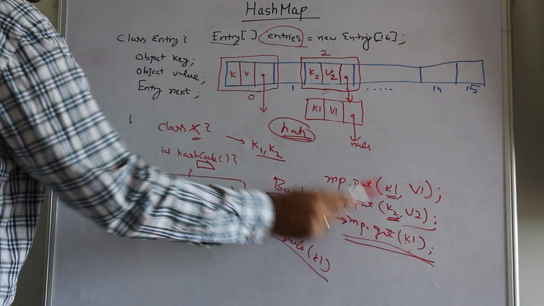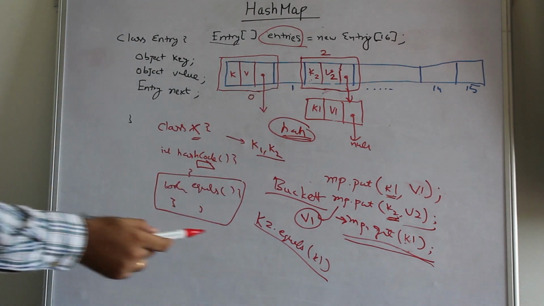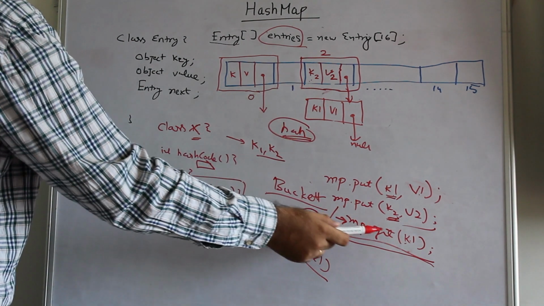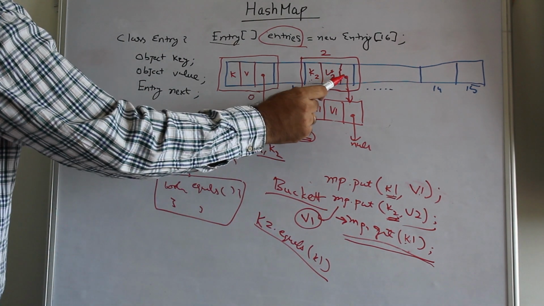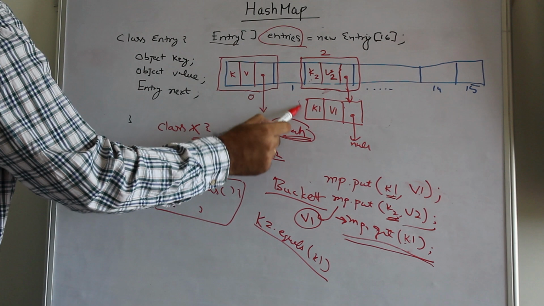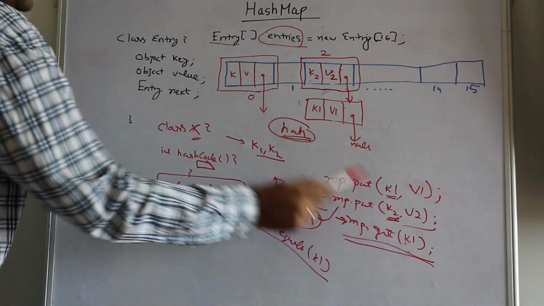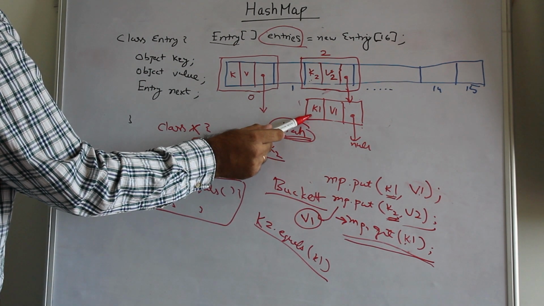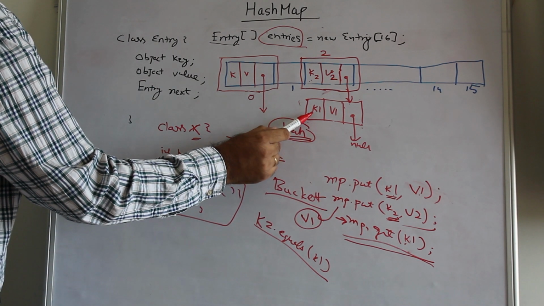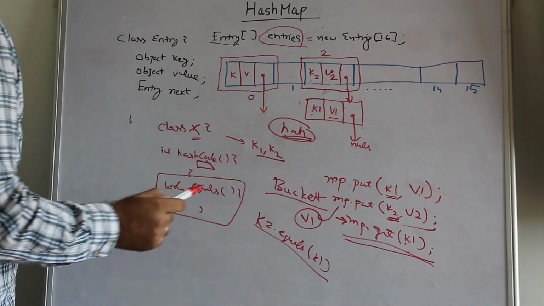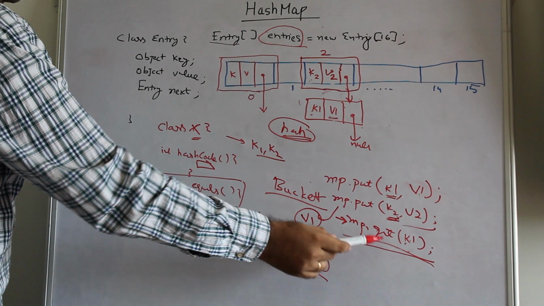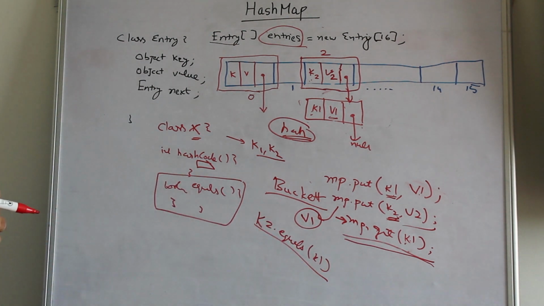So we'll say k1.equals(k2). For example, if they are not equal, we'll go to the next entry, this object, and then we'll compare k1.equals(k1). So this is equal. Now this value will be returned. So this is how the get method of the hash map works.